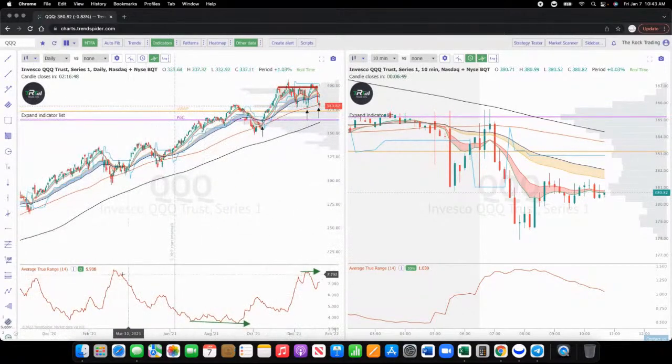But what this is starting to tell you, if you look at this high in March 2021, when we met an ATR of $8, this thing fell. Now, again, this doesn't mean that the prices are going to drop. It just means that maybe the markets are going to calm down a little bit. Starting maybe from this day into next week or the next couple of weeks, we may see the volatility in the markets come down a little bit.